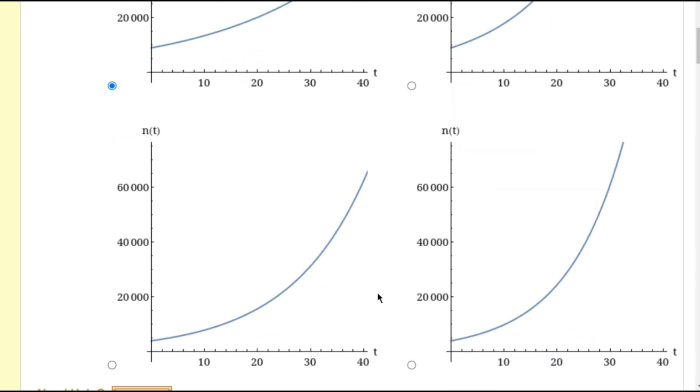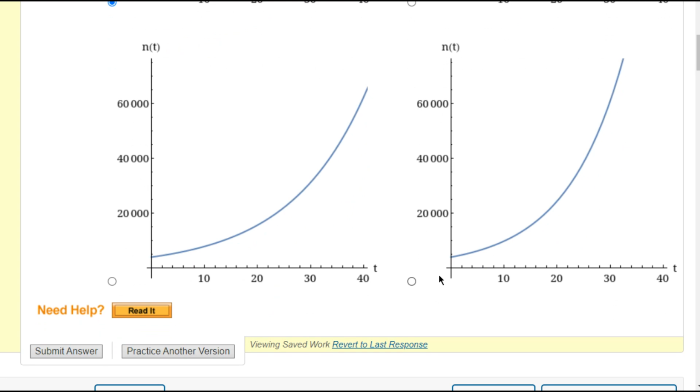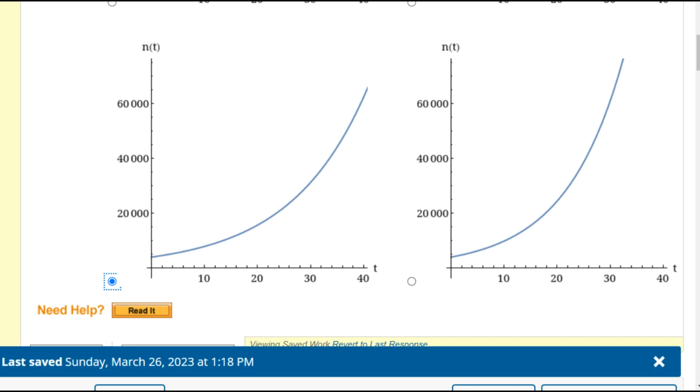So it's one of these two down here. And I'll just pick one other number, like when t was 25, and see if that gives me 22,000. And so sure does look like it's this curve, because at 25 over here on this one, it's way above 22,000.